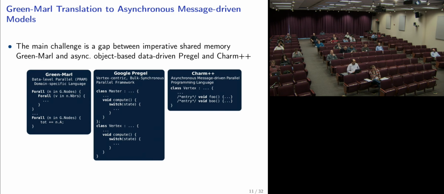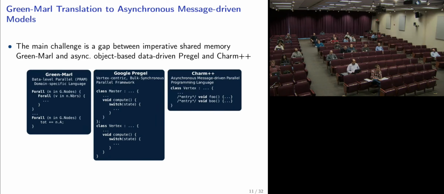So what is the main challenge in translating Green-Marl to Charm++? Actually, when I was preparing for this talk, I thought that it is almost the same as if we would like to translate OpenMP to Charm++, because the Green-Marl programming model is based on data-level parallelism, while Charm++ is an asynchronous message-driven programming language.